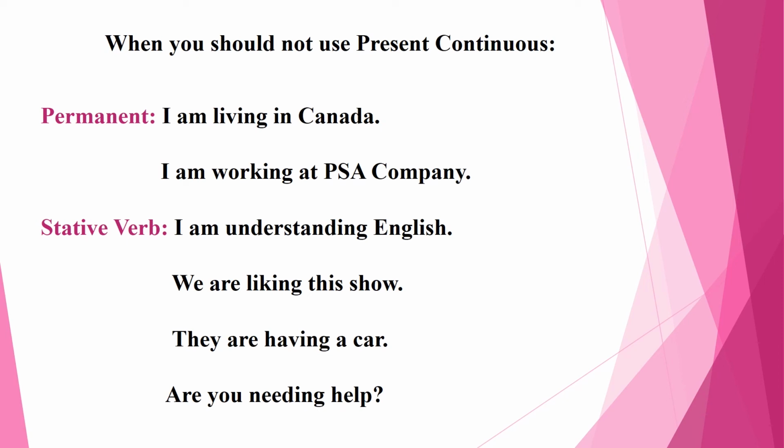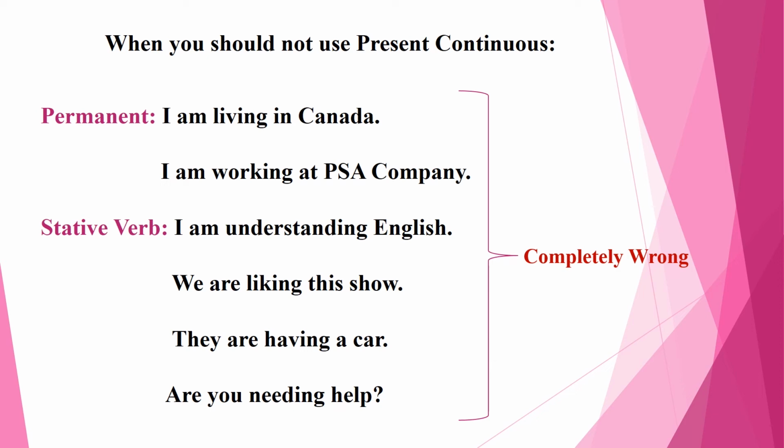These are situations where we cannot use present continuous tense. First of all, these examples are wrong, and we are here to find out why. For activities and events that are permanent and that you do most of the time, you cannot use present continuous. You should use present simple. For example, living somewhere or working somewhere are permanent.